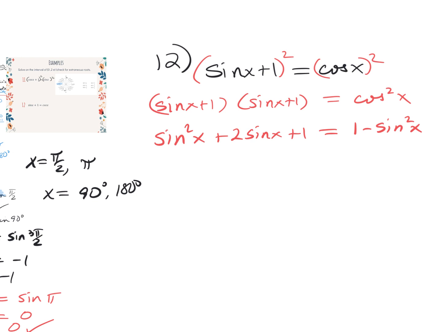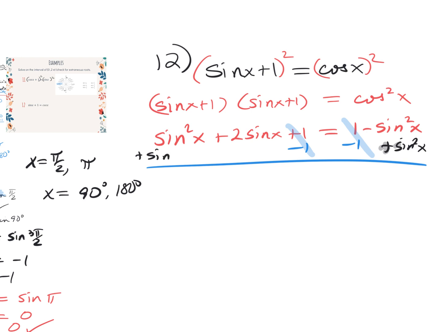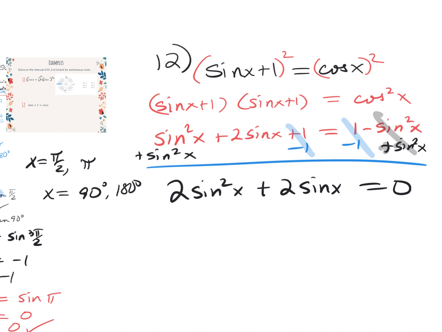Now I need to get my like terms together. So I'm going to subtract 1 from both sides. Notice it cancels on both sides. And then now I'm going to move the sine squared x to the other side. So once I add sine squared x to both sides, I end up getting 2 sine squared x plus 2 sine x, and now it equals 0 because it canceled from here.